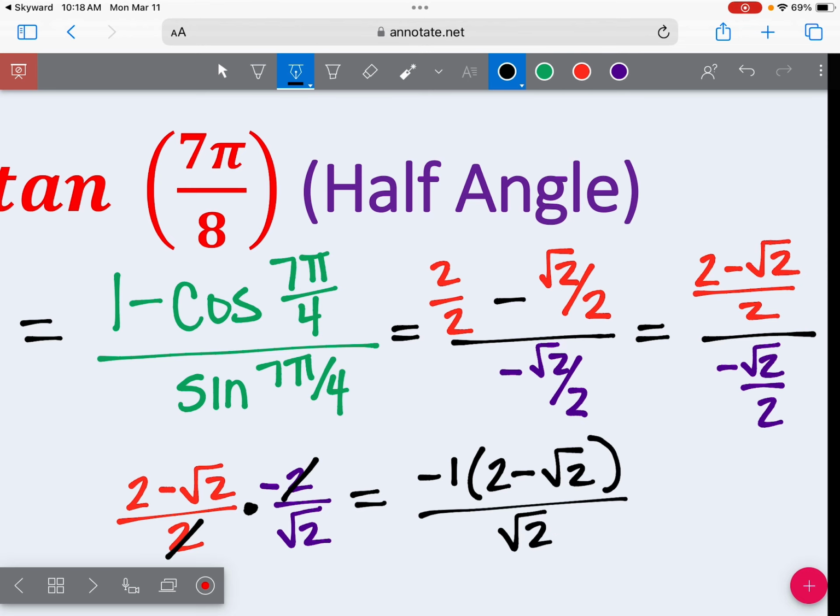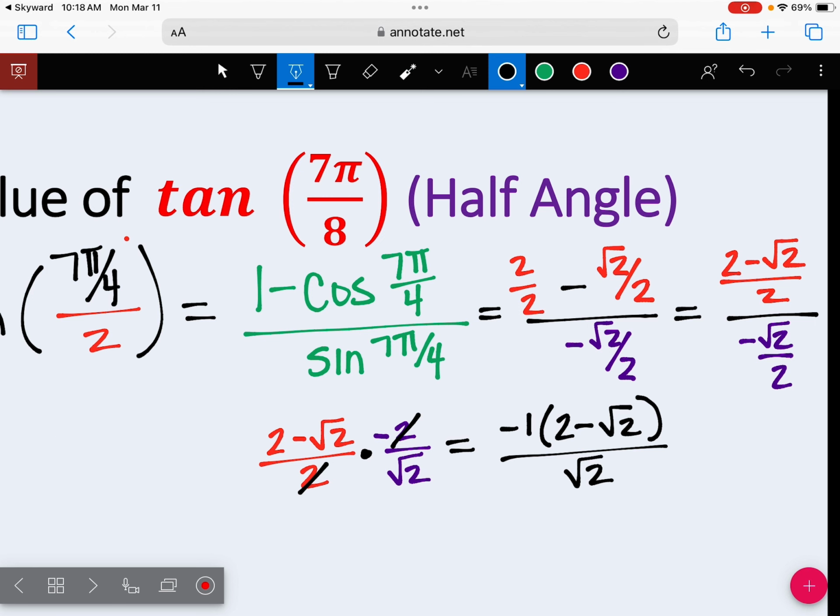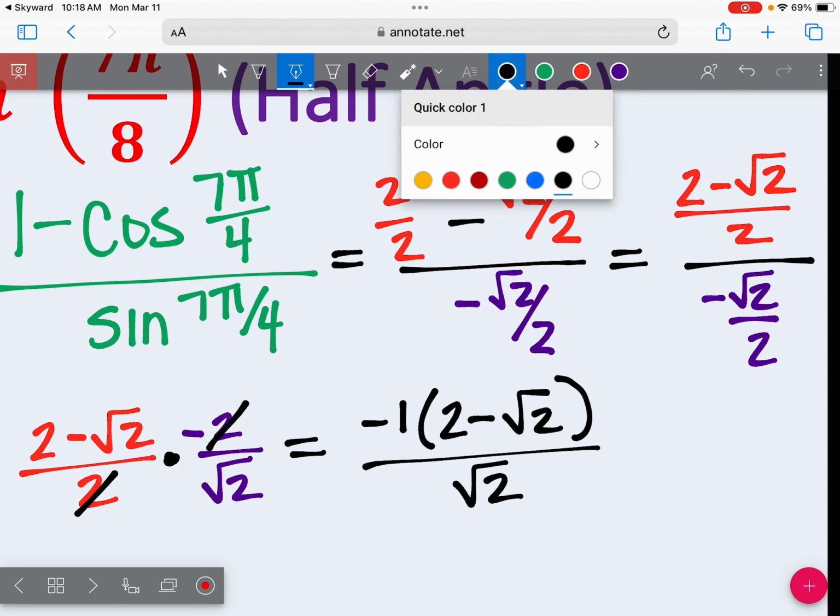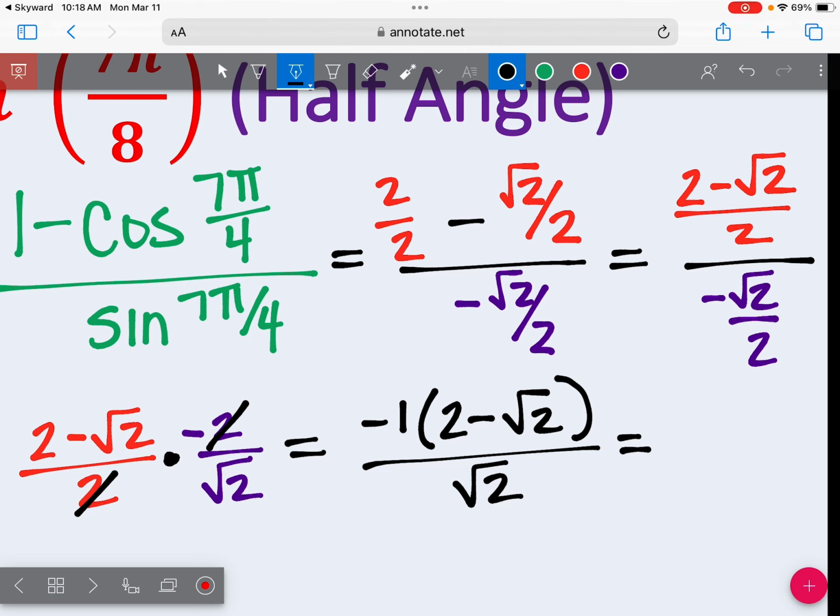And that's all over the square root of 2. When I distribute that negative, I'm left with a negative 2 plus root 2 all over root 2.